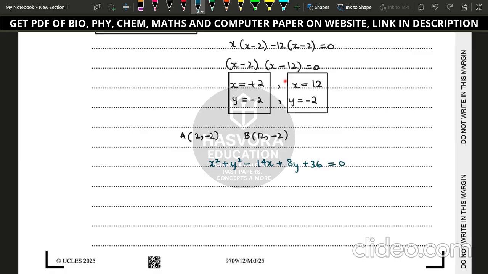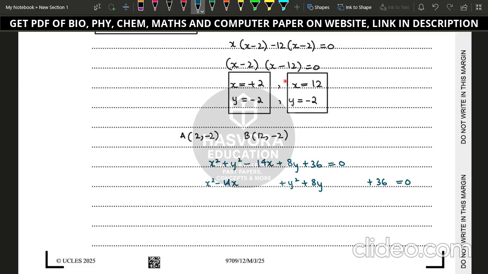Now I'm going to write this in the completed square form, but before that I'm going to arrange the x terms and the y terms with their respective ones. So this becomes x square minus 14x, and I'm going to leave some space because I'm going to complete the square, and this will become plus y square plus 8y, then leave some space, plus 36 equals 0.